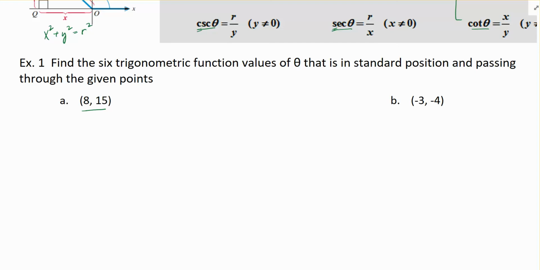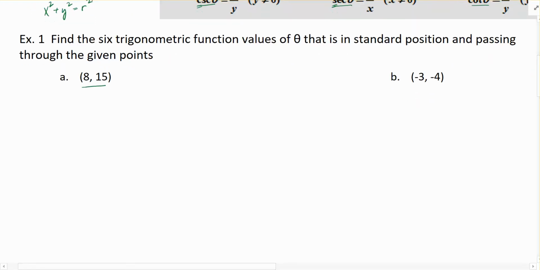Most of the time when we're in trig, we want to start by drawing a graph or some sort of image so that I can get an idea of what I'm looking at. It doesn't have to be perfect, we just want a rough sketch. So if I plot the point (8, 15), I know that it's going to occur somewhere over here in the first quadrant.